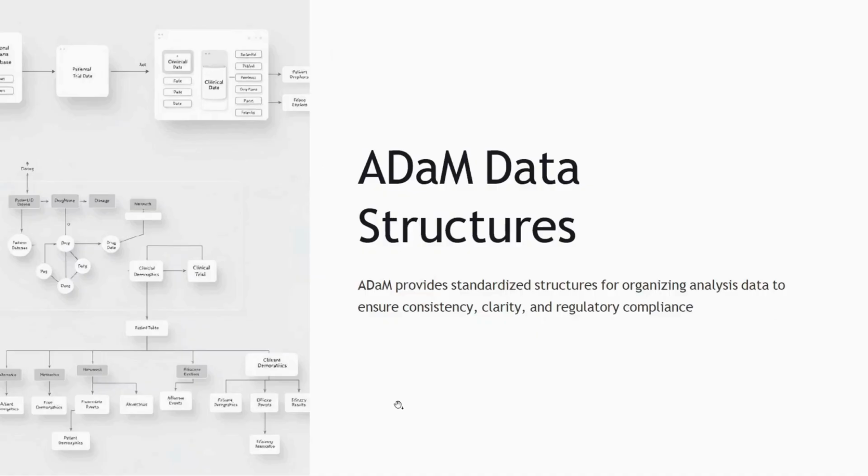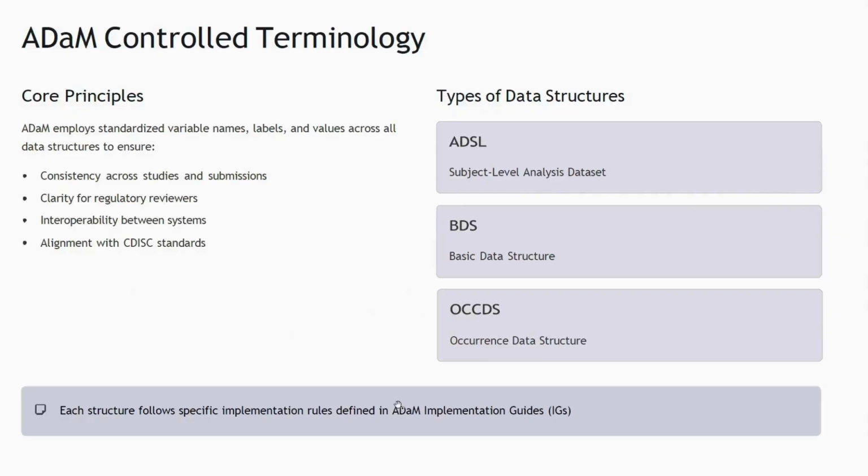So, ADaM data structures overview. ADaM provides standardized structures for organizing analysis data. Let's look at the main types. Three structure types appear: the subject-level analysis dataset, ADSL, with one record per subject, which contains demographic and baseline characteristics; BDS; and occurrence data structures.